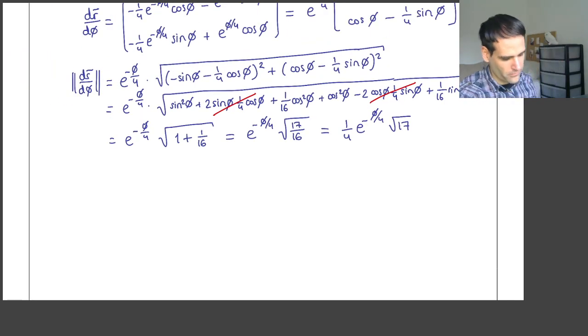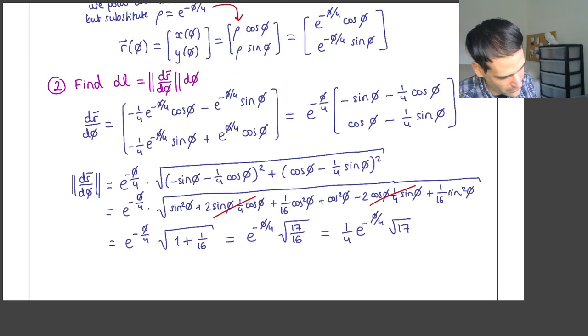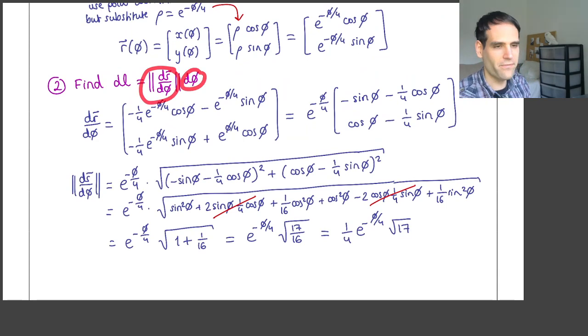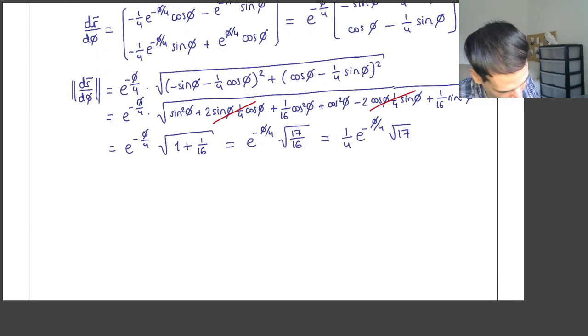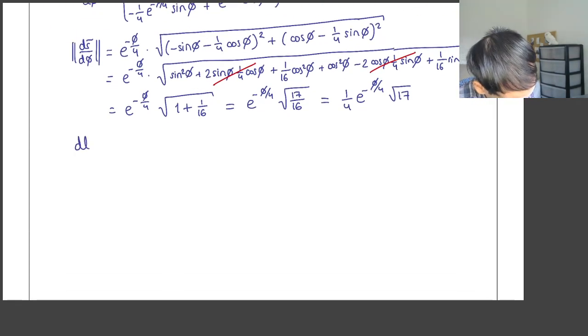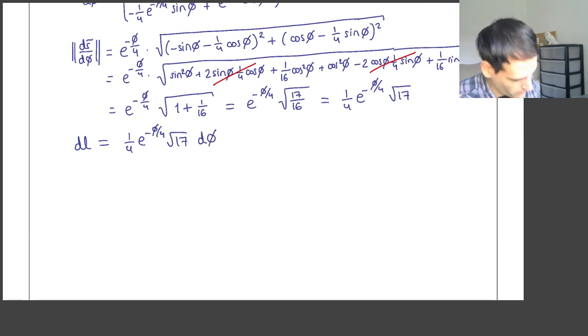So this is the norm of dr over d phi. So finally we can find dl. We just need to multiply that norm by d phi. So dl is equal to 1/4 e to the minus phi over 4 square root of 17 times d phi. That's dl. Okay?